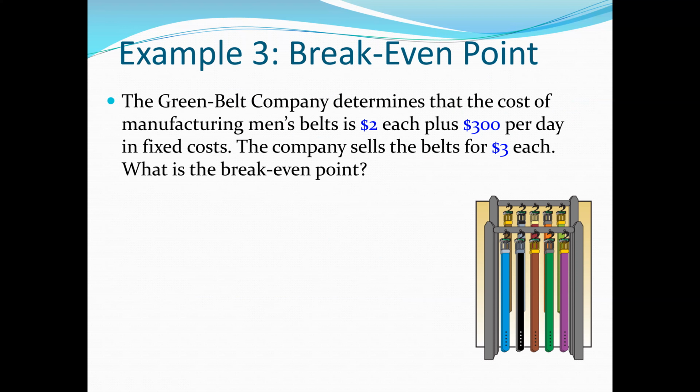Here we have a question saying that the grain bed company determines that the cost of manufacturing maize beds is $2 each, plus $300 per day in fixed costs. So if I make only one bed, it will be 2 plus 300.